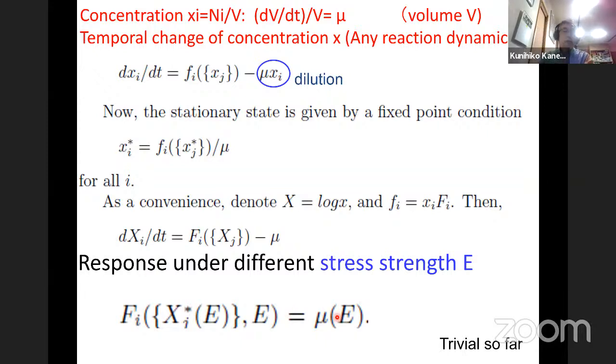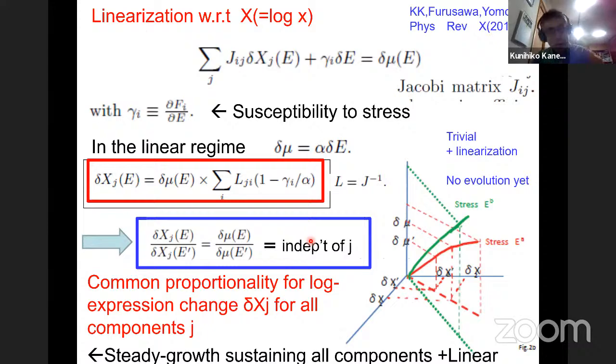Now consider the original state and then put some stress. Originally the stress is 0, and then we add some stress E. Assuming that the change is rather small, we can linearize everything, as is typical in physics or mathematics.